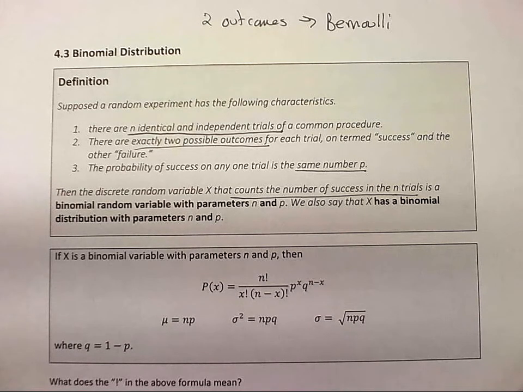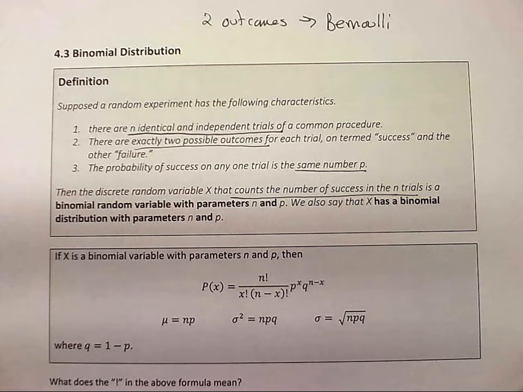But now what happens if you say, I'm not going to flip the coin once, I'm going to flip the coin 5 times. Now what you have is a succession of Bernoulli random variables. You have 5 of them. And whenever you have a group of Bernoulli random variables, that's what we call binomial. So Bernoulli is just one trial of the experiment. But if you do that experiment many, many times, now you're coming up with a binomial distribution. Does that make sense to everybody?